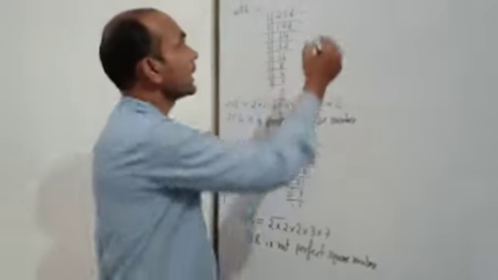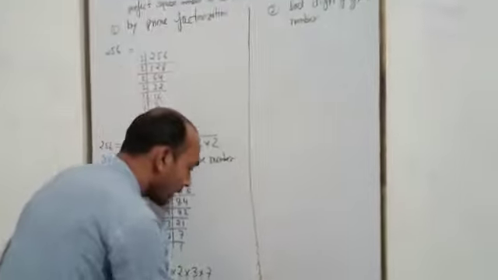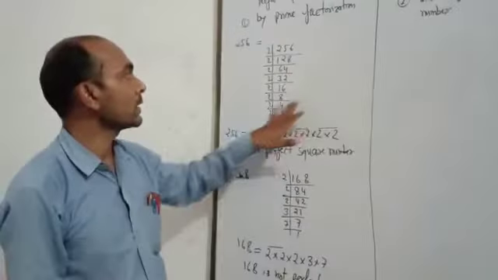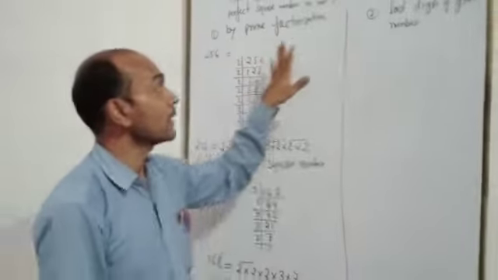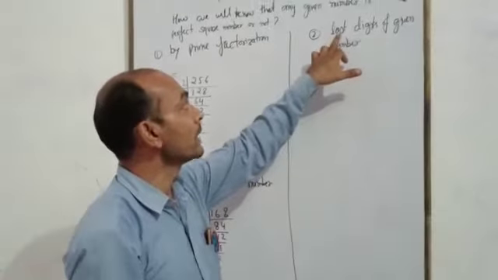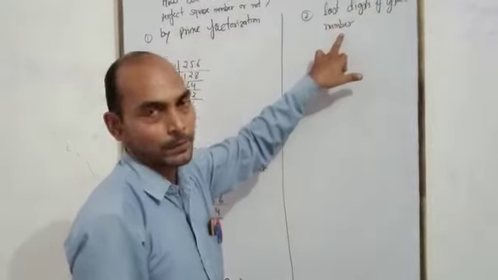Now let us see the other method. Without calculating the prime factorization, we can look only at the last digit of the given number.